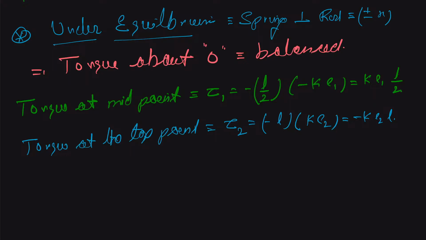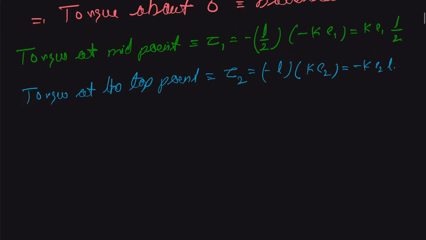So on the midpoint it is counterclockwise, on the top side it will be clockwise. So obviously one will be positive, the other one will be negative.